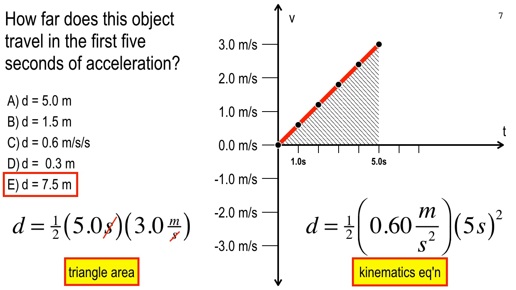And I did reuse the same diagram, so delta V is positive 3.0 meters per second, and the numerator delta T is 5 seconds, so 3 over 5 is 0.6, and that's why you have the 0.60 meters per second squared over here in the second formula.